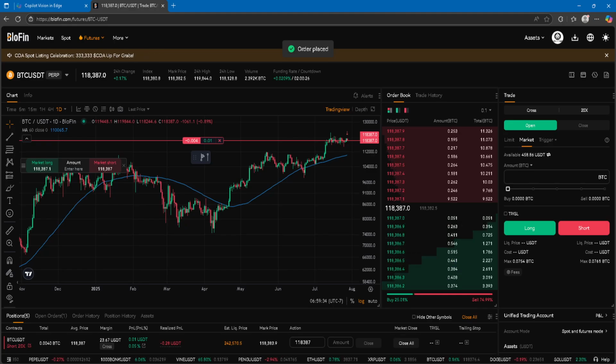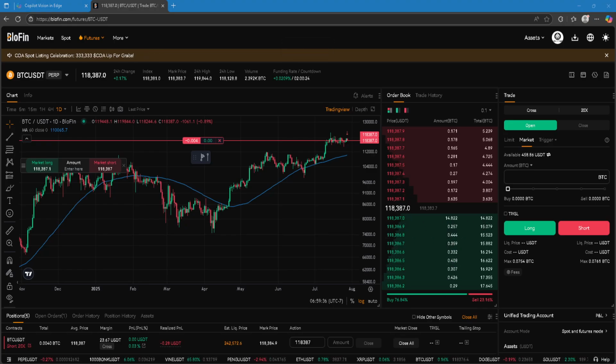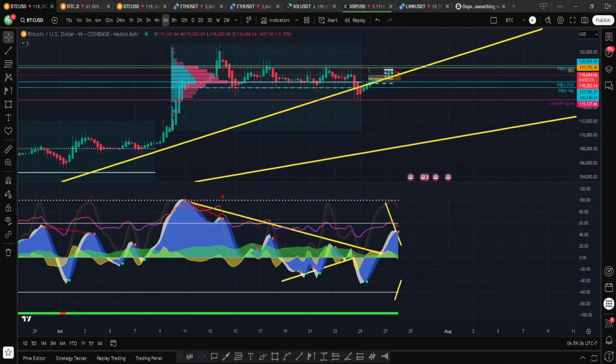You see down here, the liquidity price, if I move the bar over 5%, puts the liquidity price at 181,000. We're not going to run up there right now, but since we're doing a quick scalp, I entered already. I hit 5%, clicked short, and got in. The cost is $22. The maximum amount you can enter is 0.76 Bitcoin.